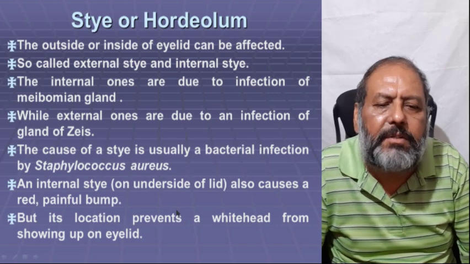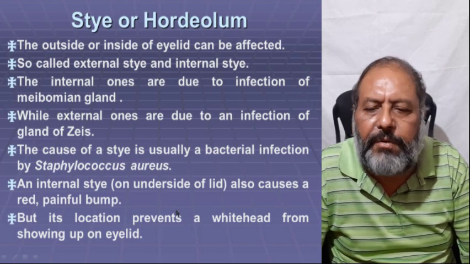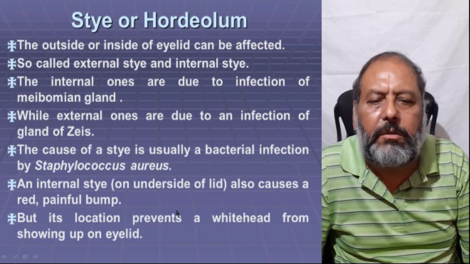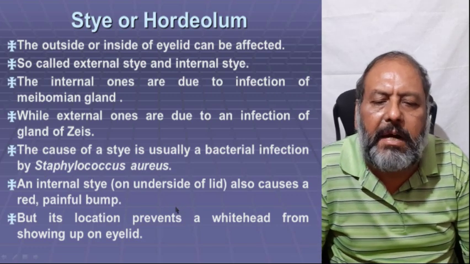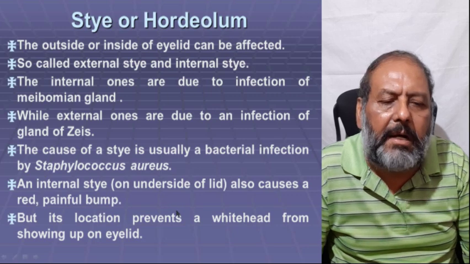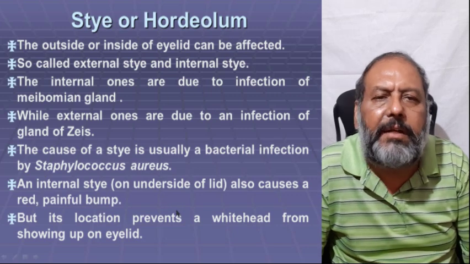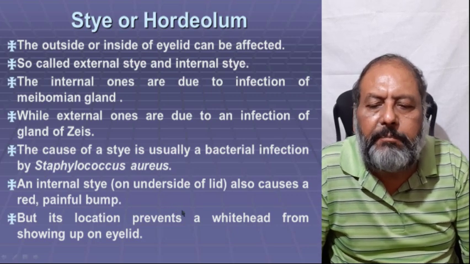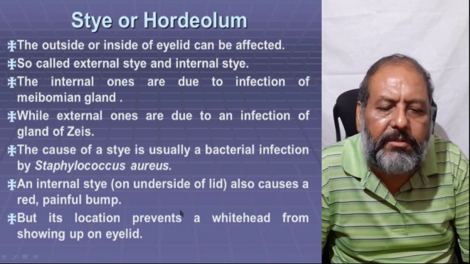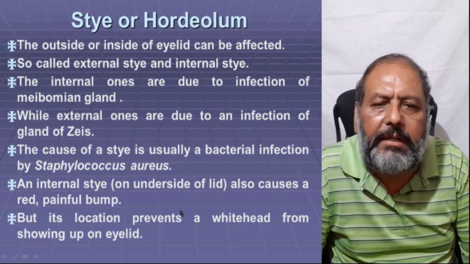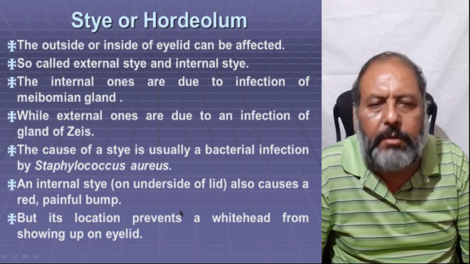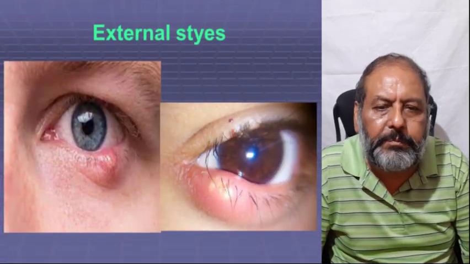The cause of the stye is usually a bacterial infection by Staphylococcus aureus bacteria. An internal stye on the underside of the eyelid also causes a red, painful bump, but its location prevents a whitehead from showing up on the eyelid, as one can see on the external stye.